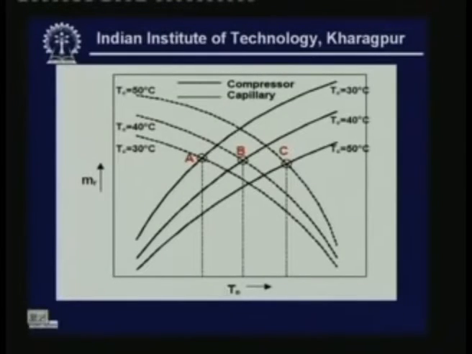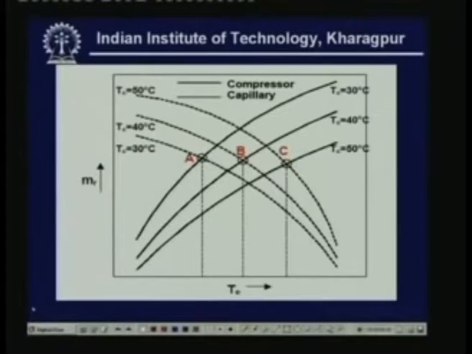Now this picture shows the balance points between capillary and compressor. You can see that the x-axis is the evaporator temperature, and on the y-axis we have the mass flow rate of the refrigerant, and these solid lines are for the compressor. For a given condenser temperature, let us say 30 degrees centigrade, as the evaporator temperature increases, evaporator pressure increases, so the pressure ratio reduces and the volumetric efficiency of the compressor increases.